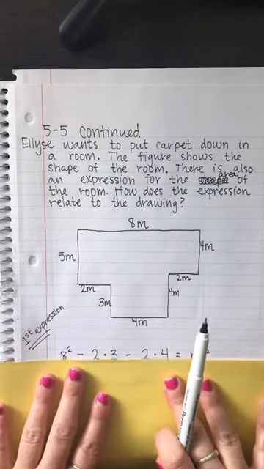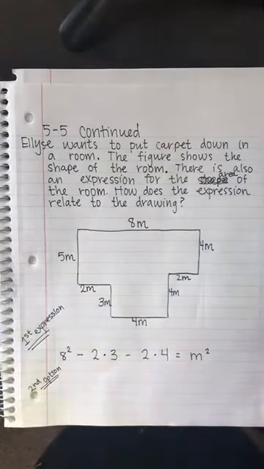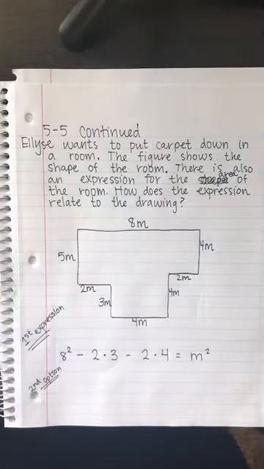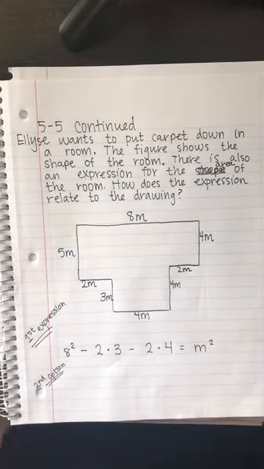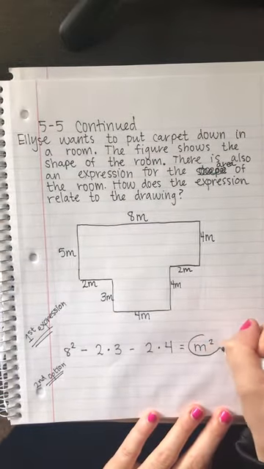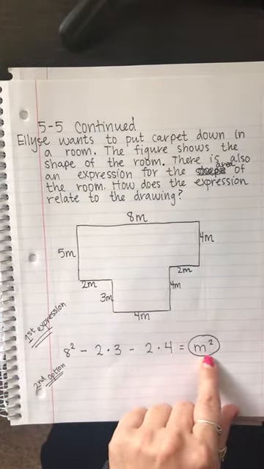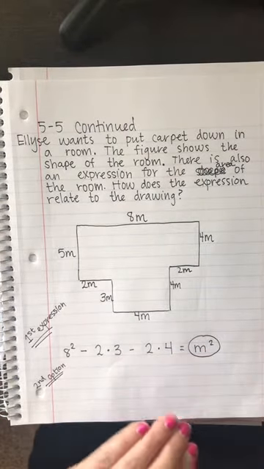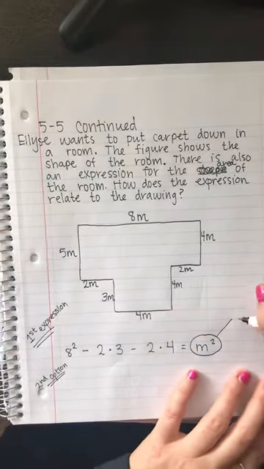So this is the expression that is given. 8 squared minus 2 times 3 minus 2 times 4 equals meters squared. So first thing I'm going to do is pull this out. This is not a variable. This isn't really a part of the expression. This is just the label for it.